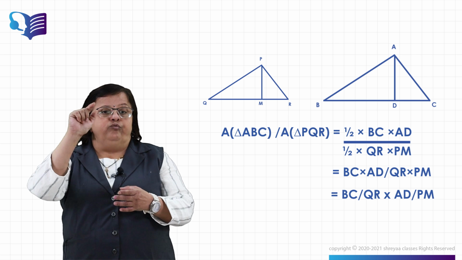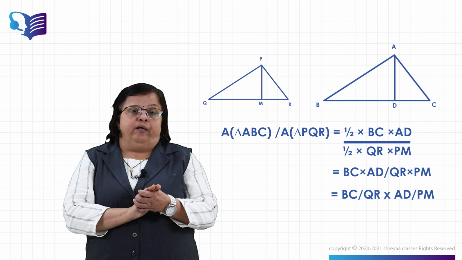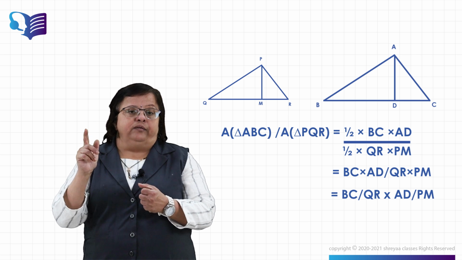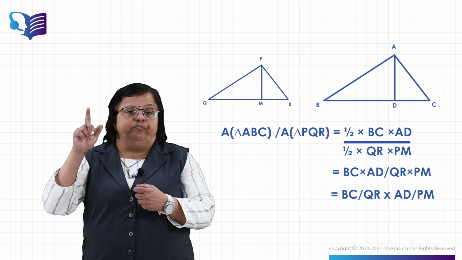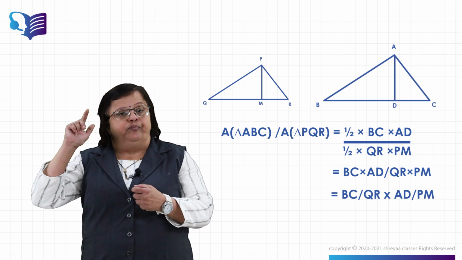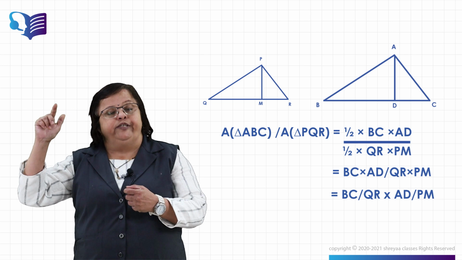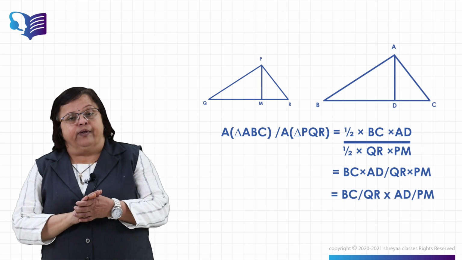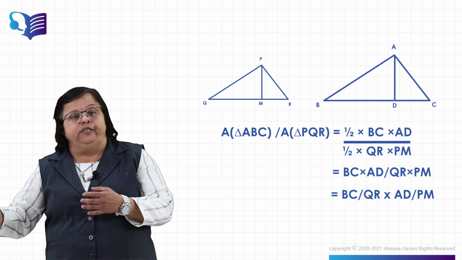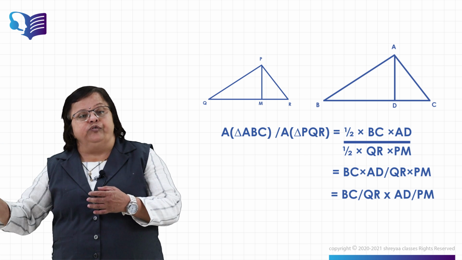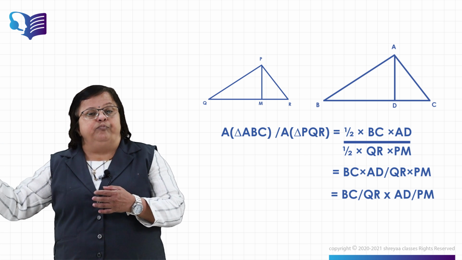Now look at your statement number 2. What is written over there? Yes, AB upon PQ is equal to BC upon QR is equal to AC upon PR. And in this statement, what is written? BC upon QR into AD upon PM.